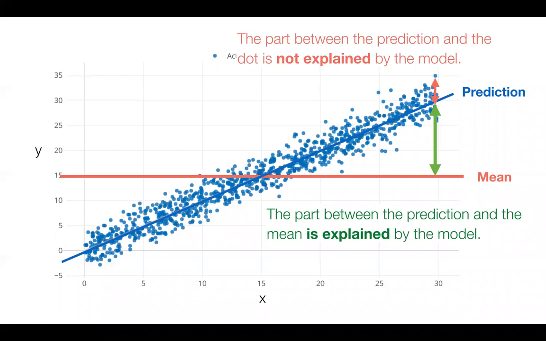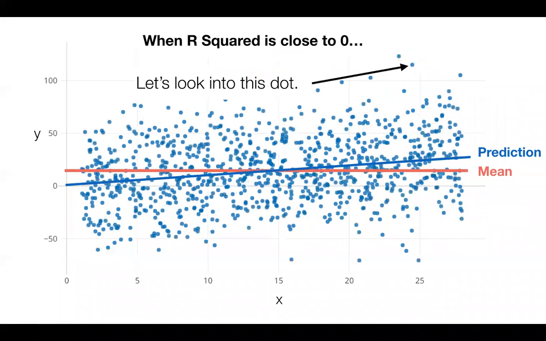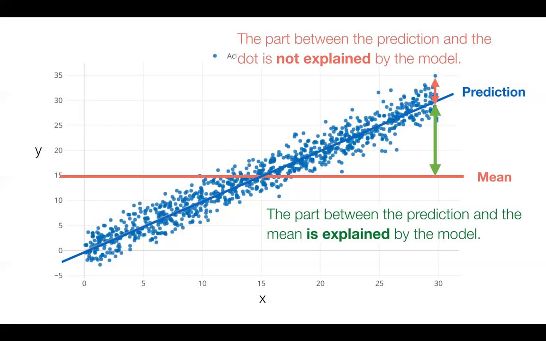So the red distance, the red arrow, is the part not explained by this model in terms of the variance.